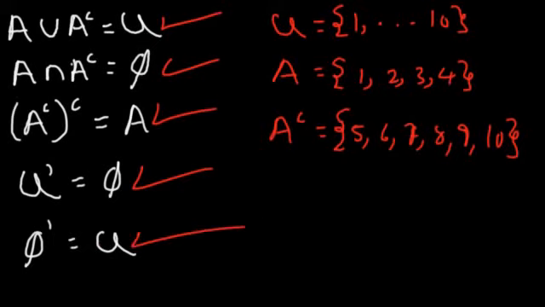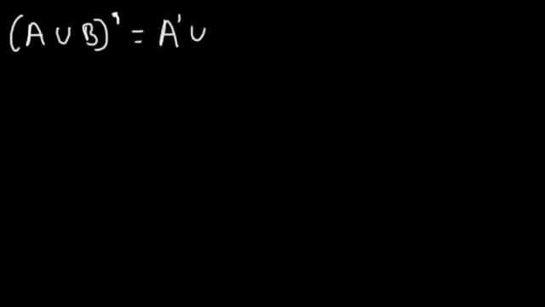So let's move to the second to the last rule or law, which is known as De Morgan's law. Now, what does this law say? It says that if we have (A union B) prime, this simply equals A prime intersection B prime.